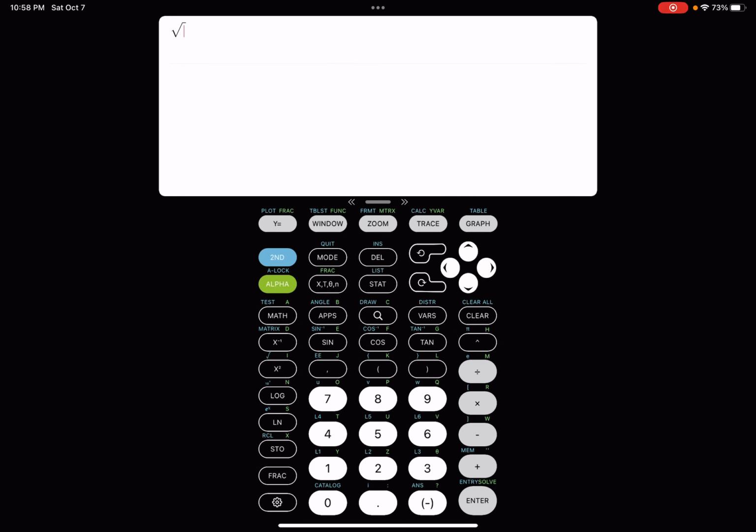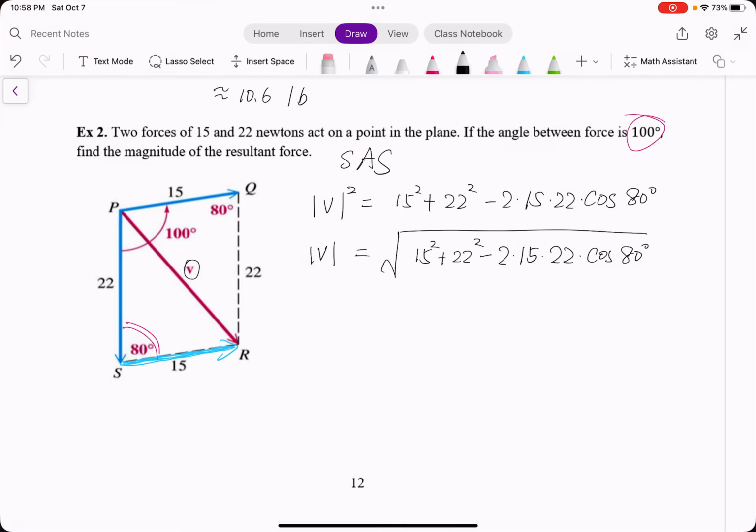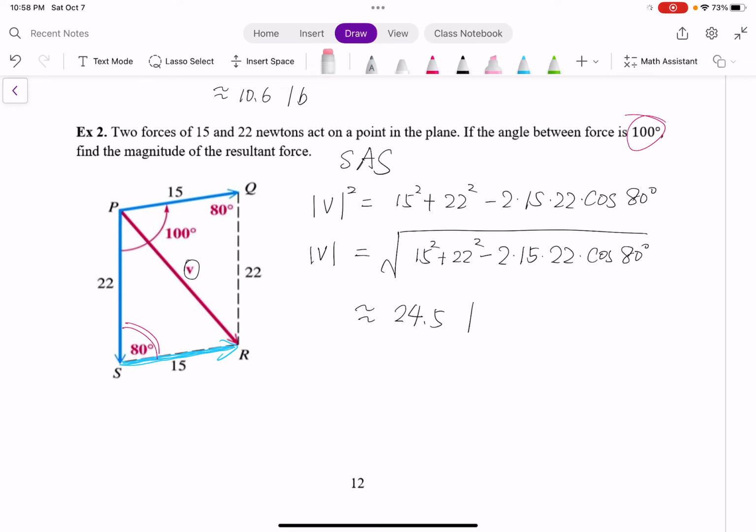If I round to 1 decimal place, I'm having 24.4. The unit is pounds.